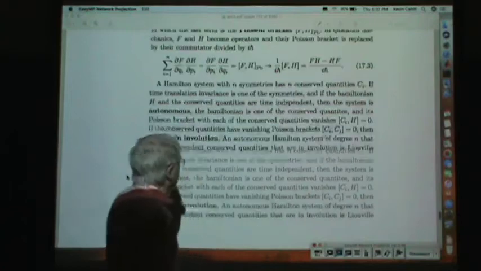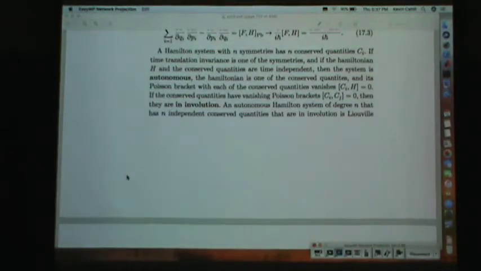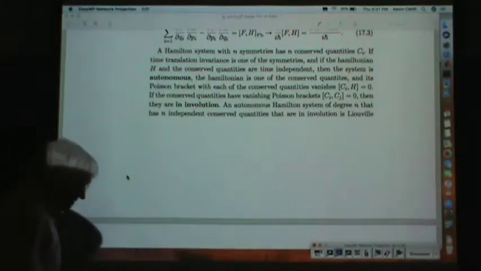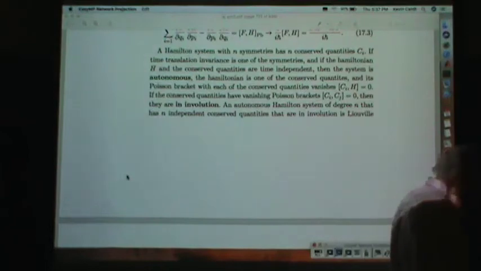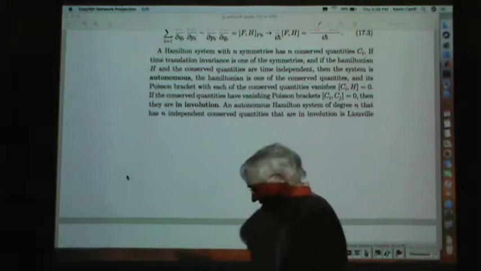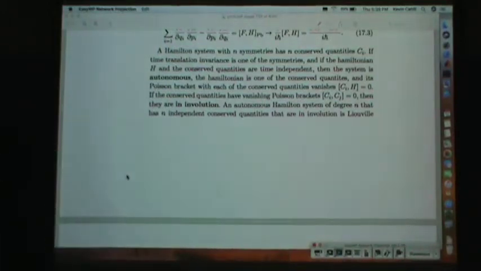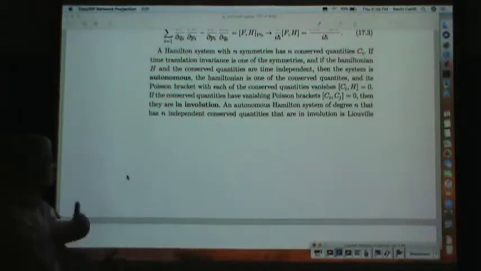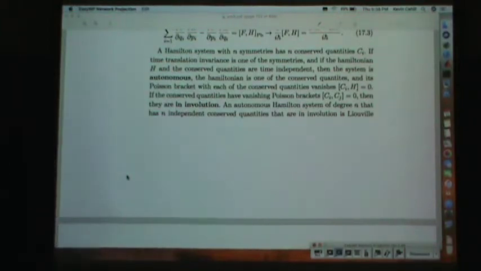Now, we've got different kinds of Hamilton systems. The kind that we really like, and which in courses on mechanics is what's emphasized, is you have n symmetries and n conserved quantities, and you imagine the time translation invariance is one of the symmetries, and that the Hamiltonian and the conserved quantities are time independent.